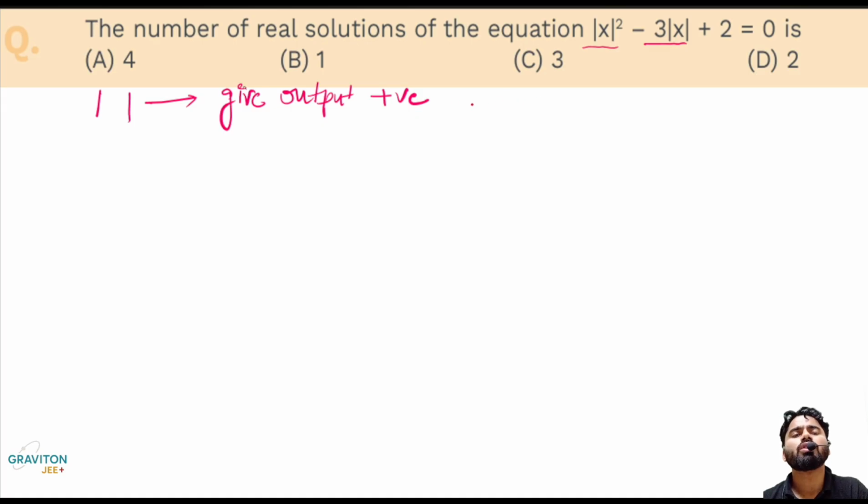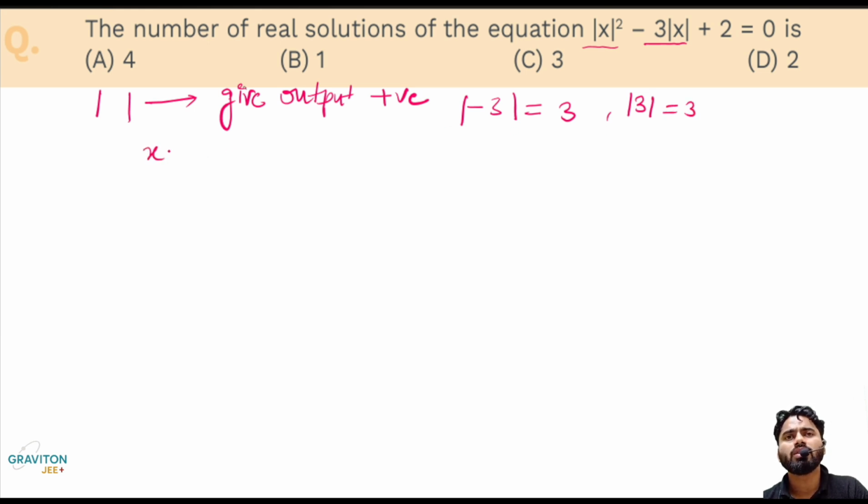If you put -3 inside the modulus, it gives 3, and if the number is positive, it gives the number as it is. So if the number inside the modulus is 3, it gives 3.